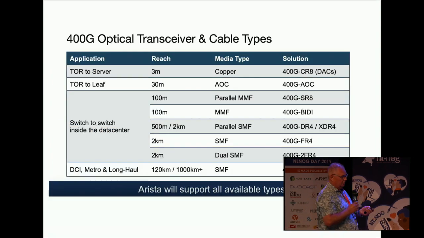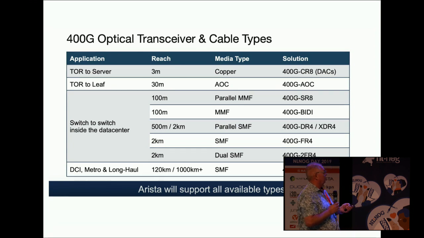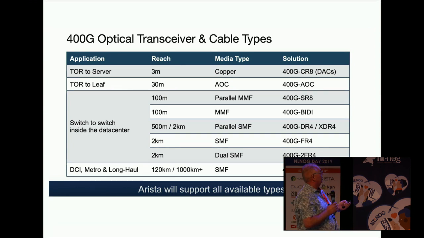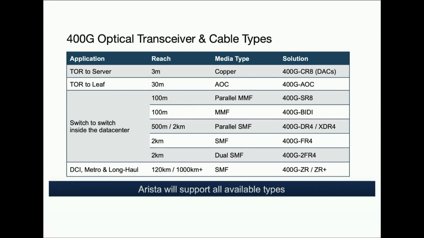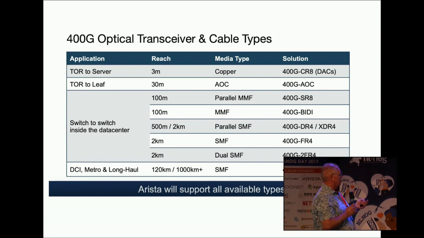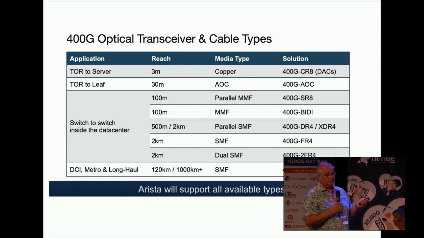So what kind of optics are upcoming? We can see the server copper optics, typically the DAC cables. We have the AOC cables, and then there's a variety. The variety can also be separated between single mode and multi-mode, but also on the connector side. There are different types of connectors.